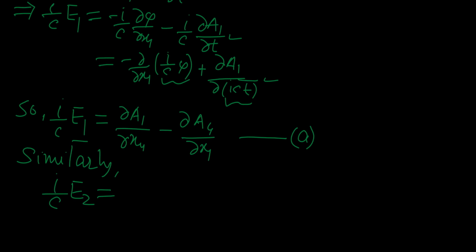So by the idea developed in A, or by induction, we may write it as del A2, because here is E2, over del x4, minus del A4 over del x2, since when there is E1 here is x1. So if it is E2, here will be x2, and say it is B.